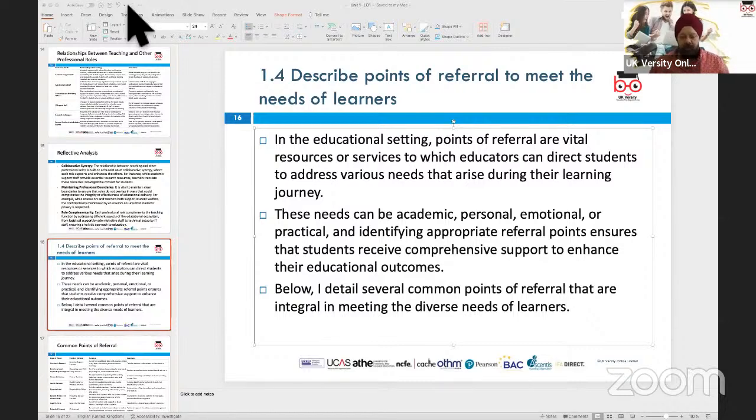But when I talk in terms of students in the classroom who are looking at teachers, in terms of teaching and delivery, we are looking at points of reference in terms of resources and infrastructure.